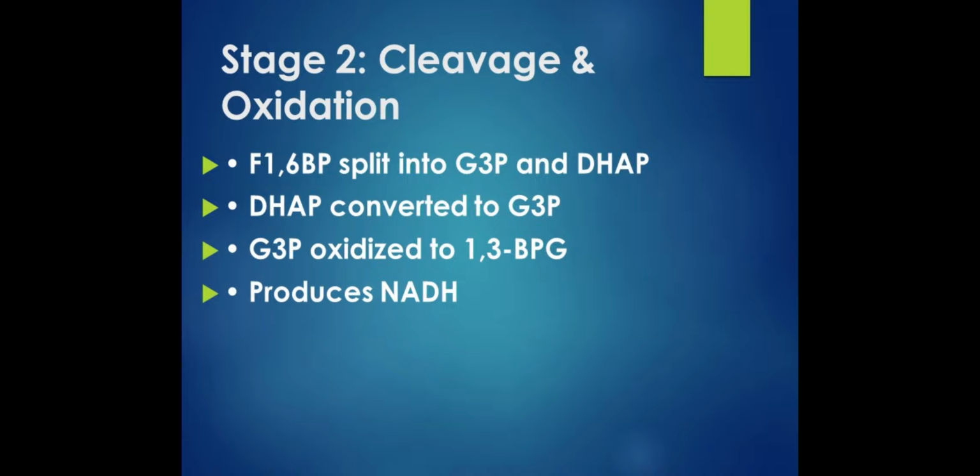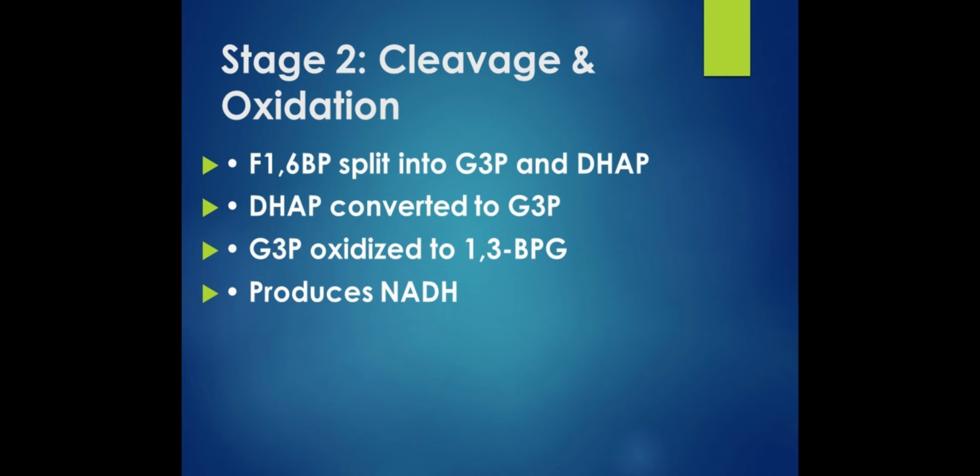So step 4 involves the cleavage of fructose 1,6-bisphosphate. So here, fructose 1,6-bisphosphate is split into 2 molecules of triose phosphates. And these triose phosphates are 3 carbon sugar molecules that have phosphate groups.